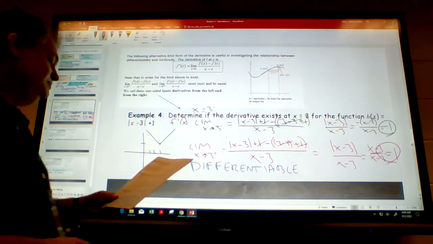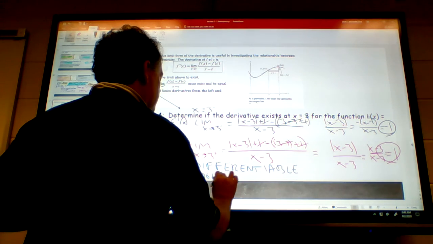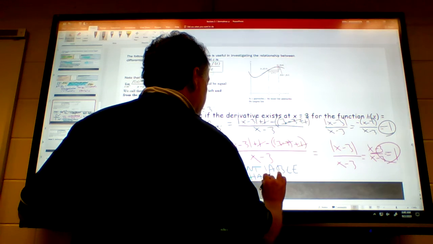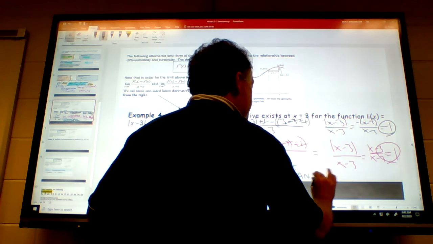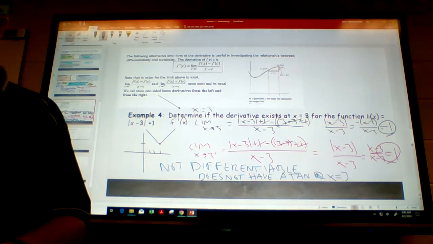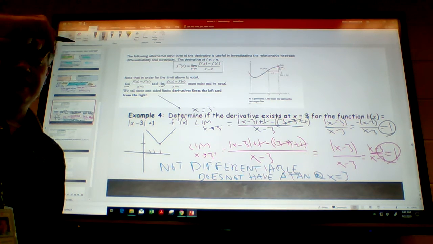It's not differentiable. It does not have a tangent at x equals 3. Since it does not have a limit, it does not have a tangent at x equals 3.